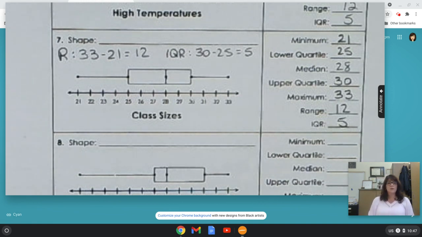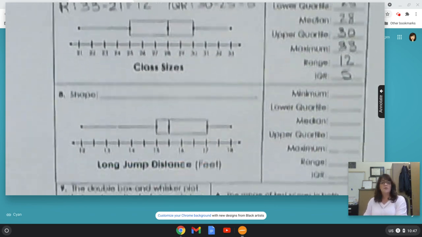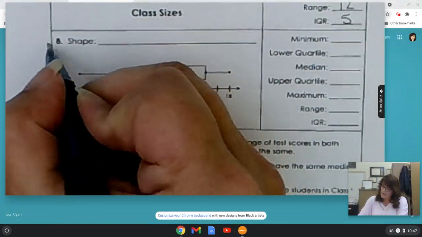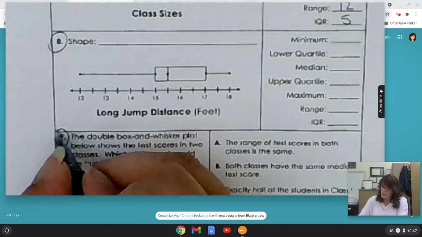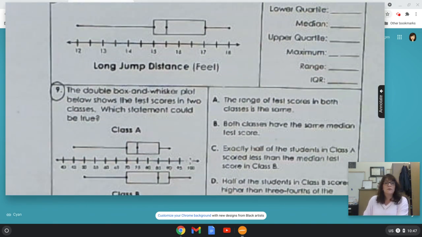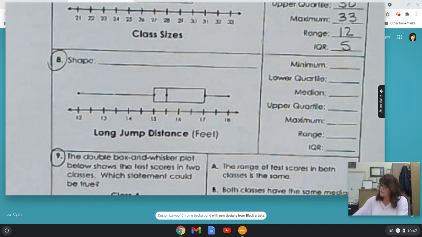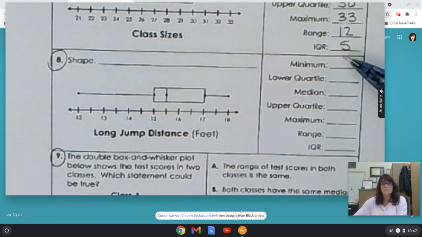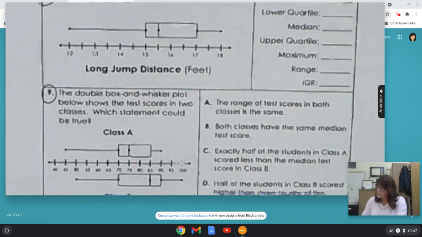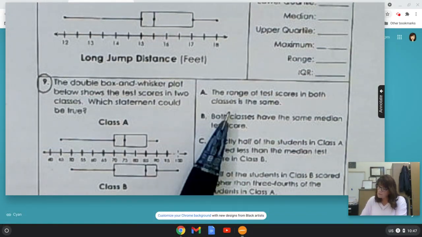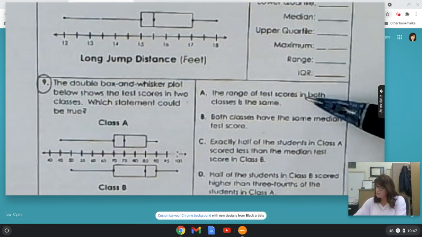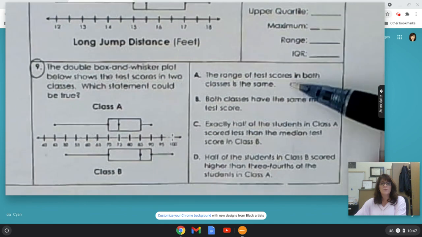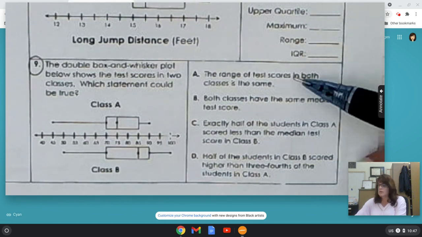Now, here's what I want you to do for try problems. I want you to take number 8 and number 9. For number 8, you're just going to need the data, the numbers. For number 9, you're just looking for a true statement and be prepared to say why it's true.